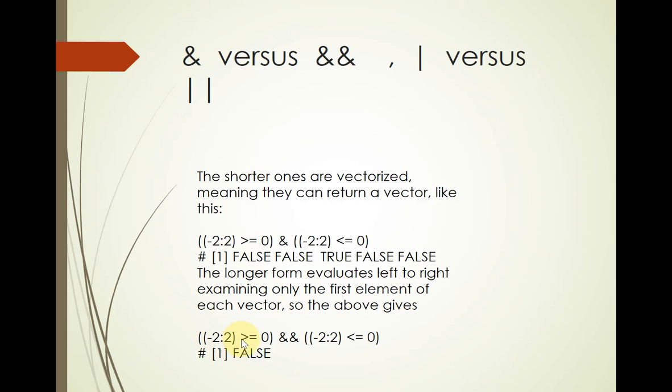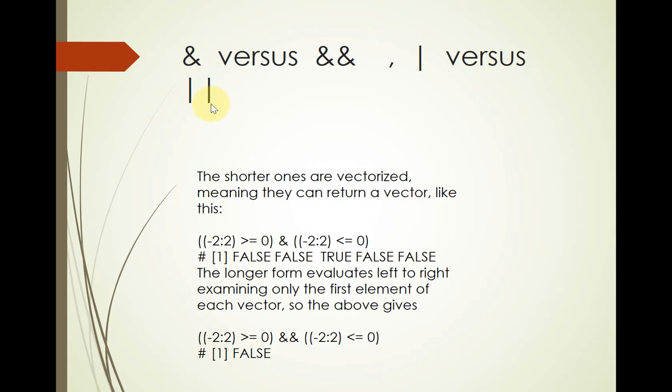So in this case it would just check, is -2 greater than or equal to 0? And is -2 less than or equal to 0? One of them is true and the other is false, but together that gives a false, and it only checks the first one. So it doesn't give back a Boolean vector, it just gives back a single false. So that's the case with this as compared to this, and similarly with this as compared to this.